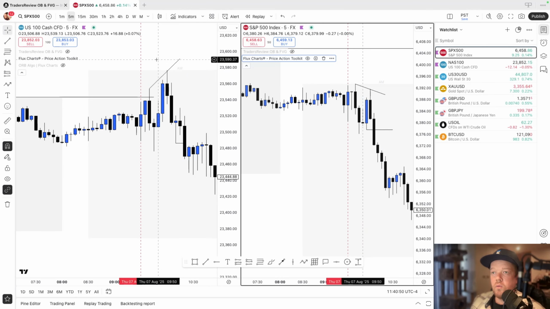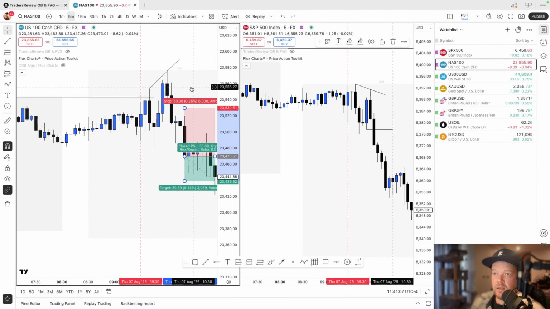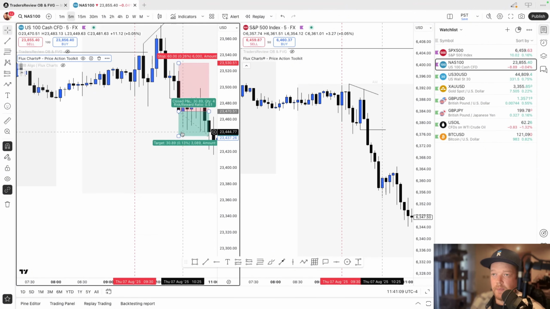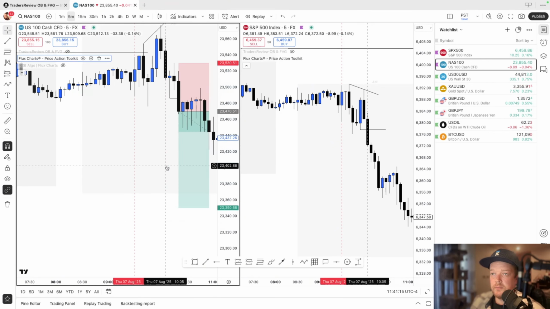So now when we have a break of structure on Nasdaq, we are going to enter our trade because the S&P is already pushing down. When you enter there on the 5-minute, you can put your stops around this high right over here, and we can target a fixed 1 or 2 risk to reward trade.